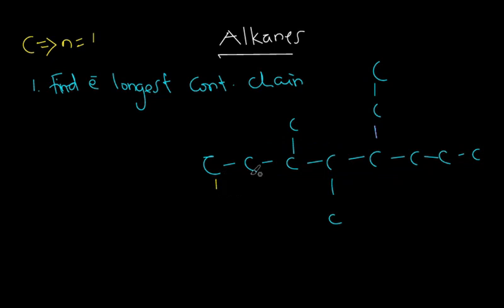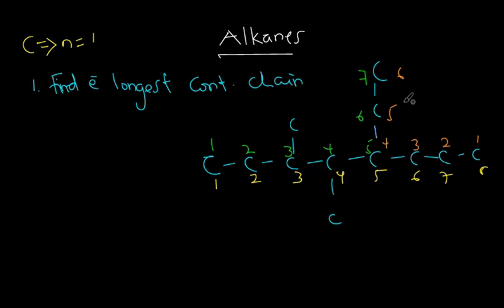If we have 1 2 3 4 5 6 7 8, that is if we are counting this way. Let me use another color. If we are counting this way, we can have 1 2 3 4 5 6 7. So we have 7. Now let's count another way: 1 2 3 4 5 and 6.